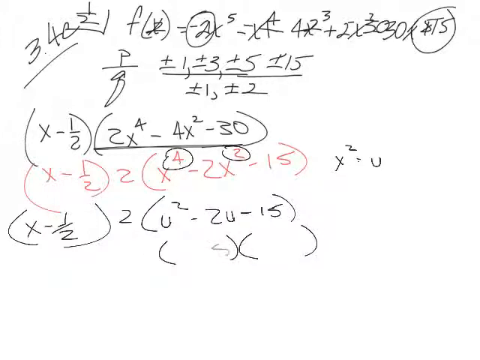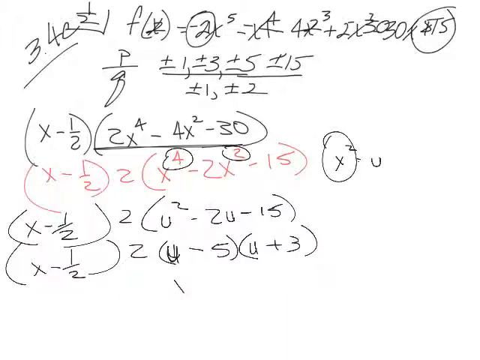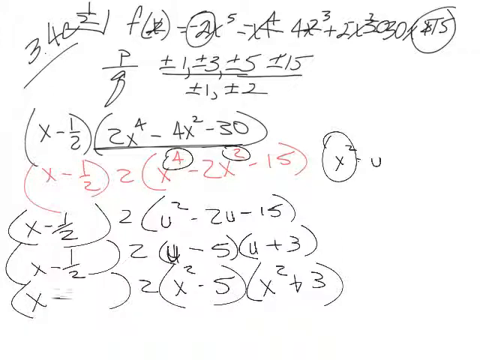Obviously it's going to be a 5 and a 3, negative, positive, in u, still have this other stuff on here, and then I can replace my u with my x squared. I still have my 2 and my x minus 1/2. Okay, and then I can solve.